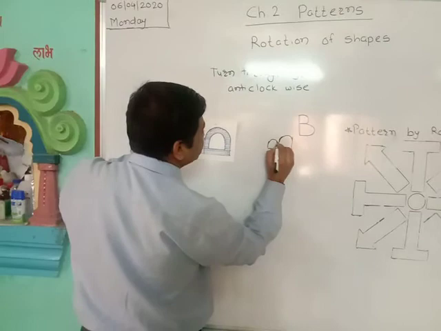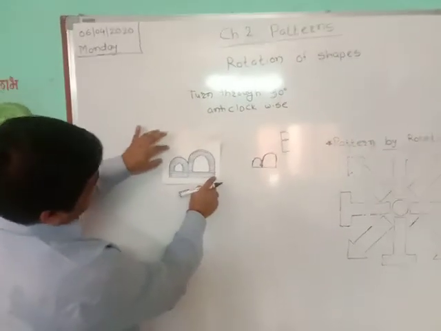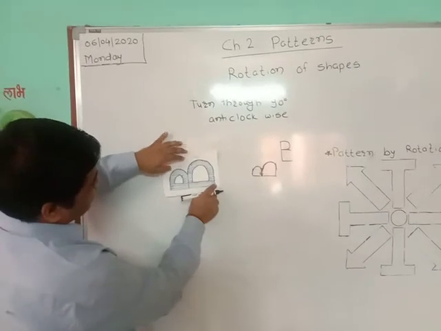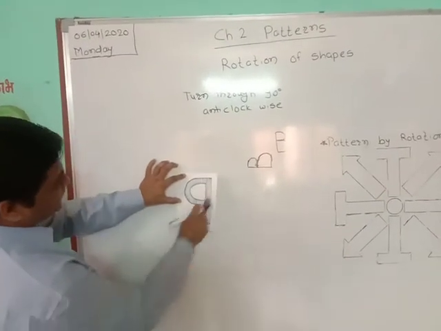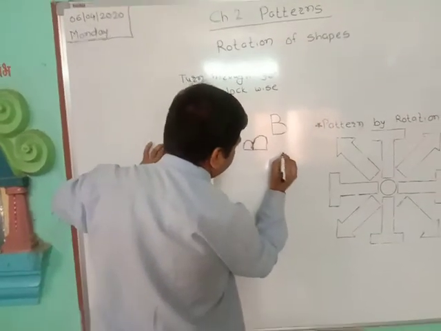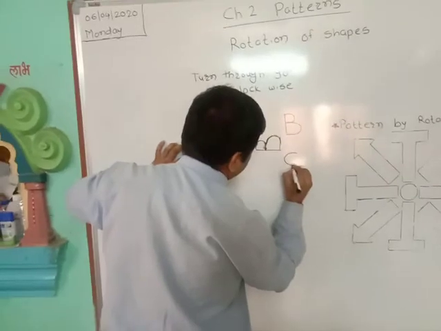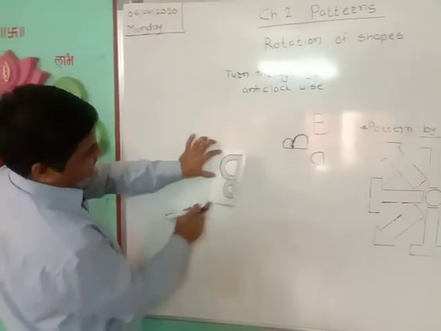So our new position of B will be like this, lying down resting. Now when I turn it through 90 degrees in anti-clockwise direction, you can see that it's facing back with a big B on the top. What will be the next position of B?